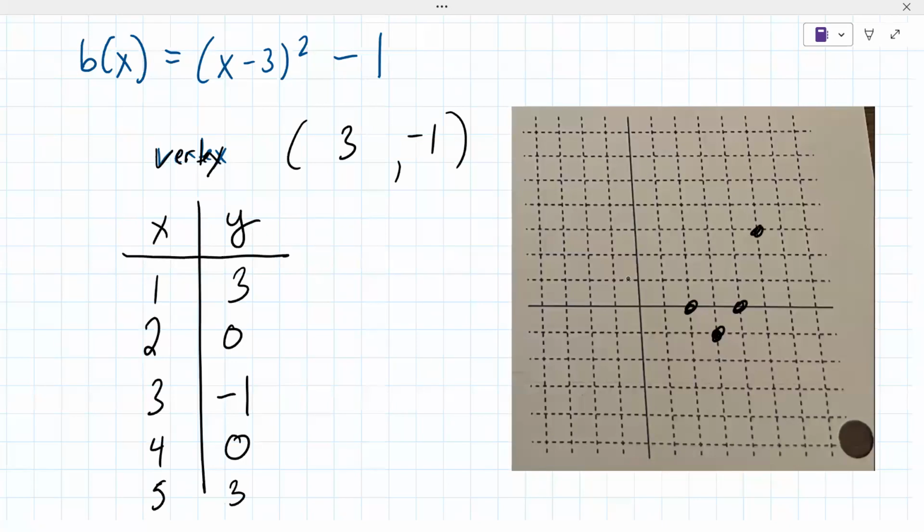You should notice, okay, those points all kind of line up, and then just some sort of nice smooth connection between them. Arrows on the end. Got it.